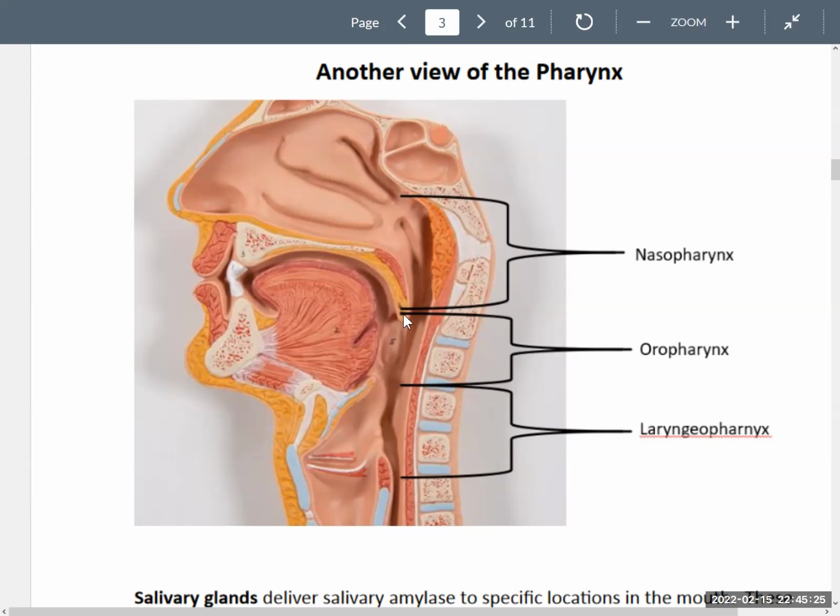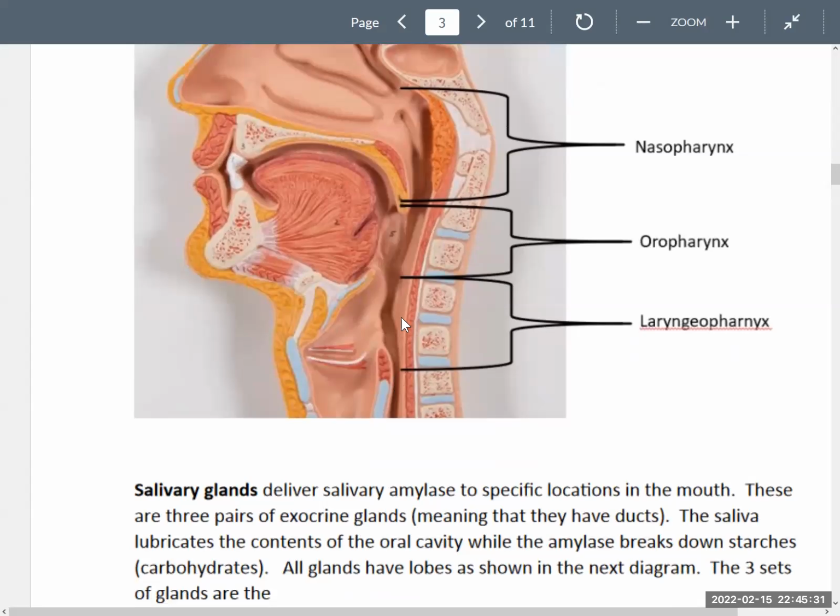The oral pharynx contains the palatine tonsils, and the laryngeal pharynx is roughly the size or length of the GI tract from the opening to the bottom of the larynx.